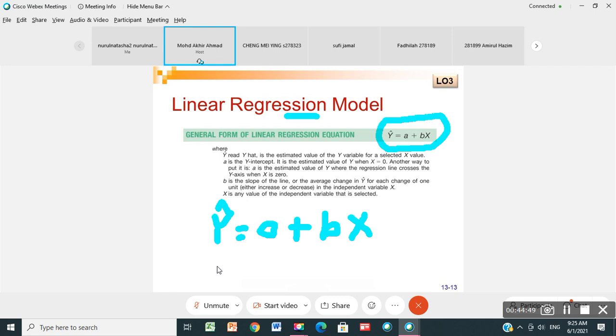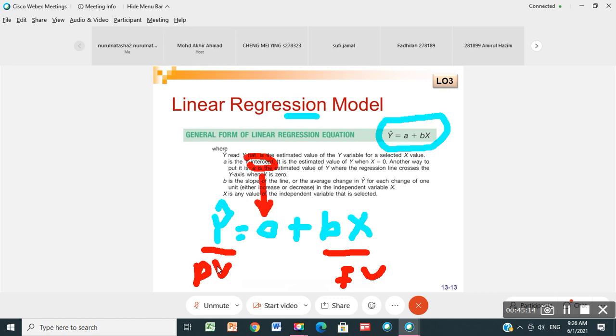So this one is our IV, and this one our DV. A here is the y-intercept. B means slope.